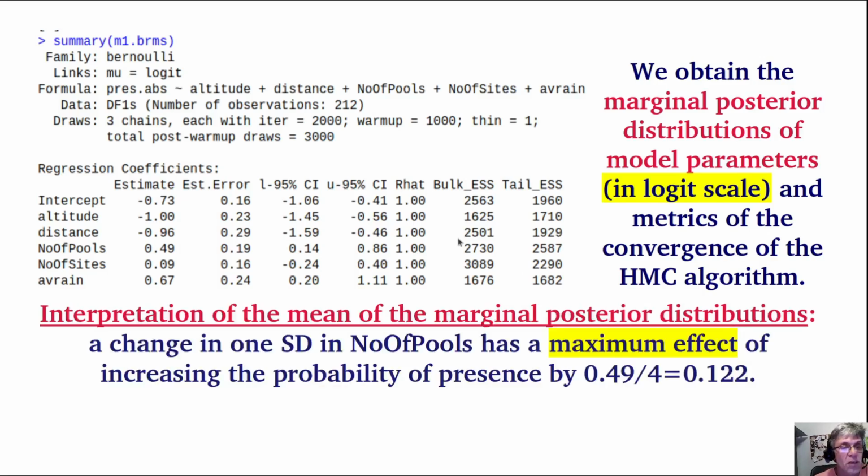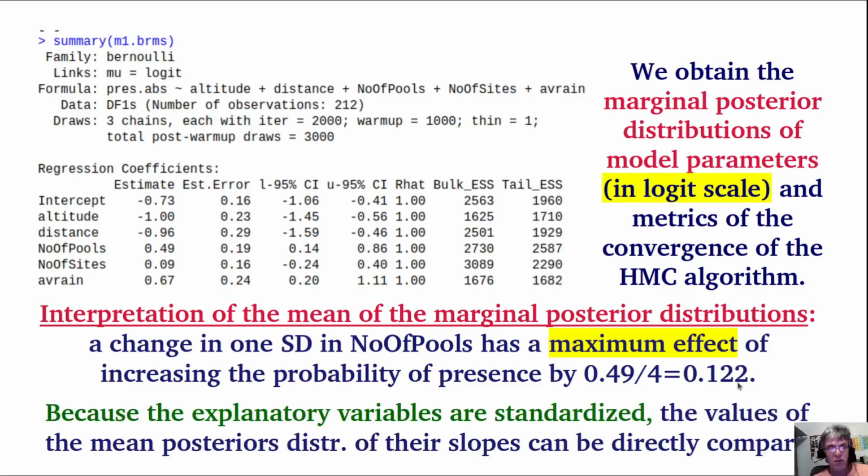The interpretation of the mean of the marginal posterior distribution can be done using the rule that we explained before: a change of one standard deviation, 1 unit in the number of pools, has a maximum effect of increasing the probability of presence of 0.49 divided by 4. This is the maximum possible effect of 0.122.